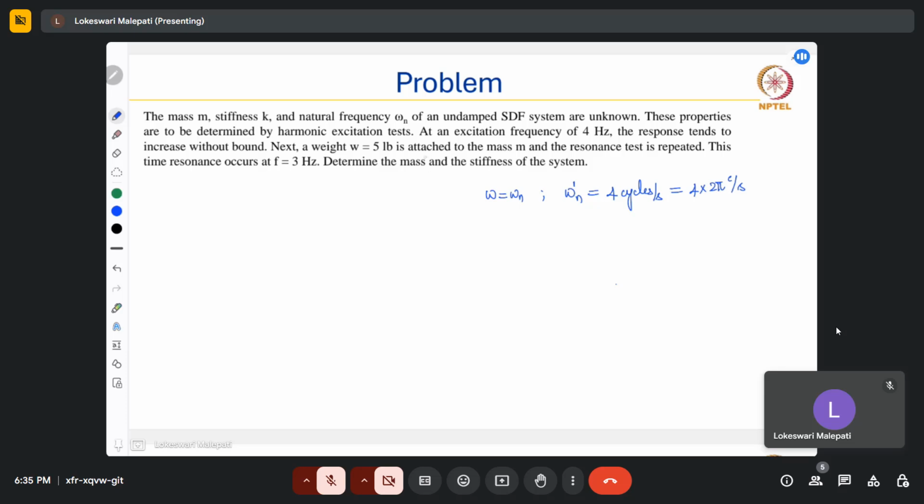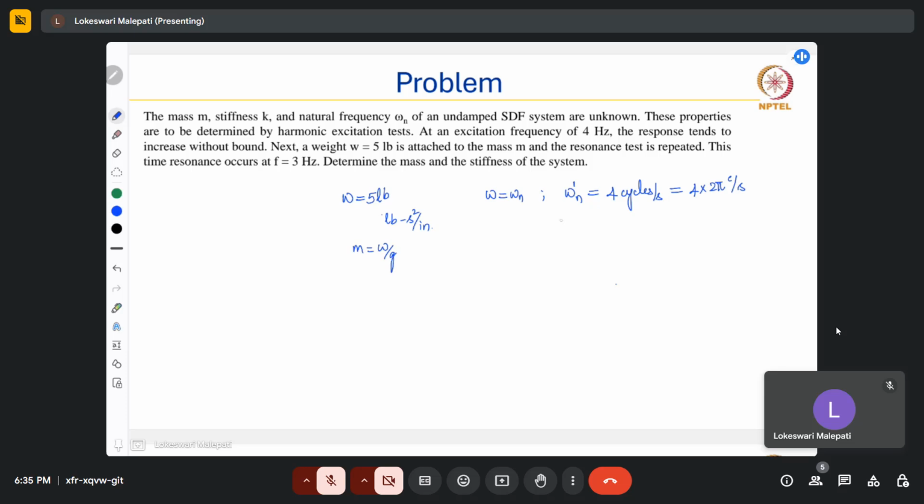So after attaching a mass, this has a weight of 5 pounds. Here the unit for weight is pounds, and for mass it will be pounds second square per inch. Sorry, these are just the units. Mass will be weight by g.